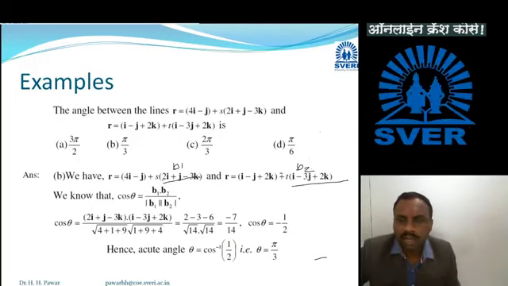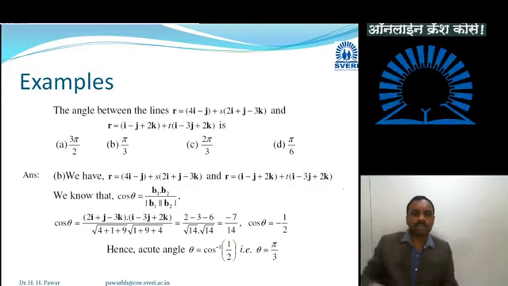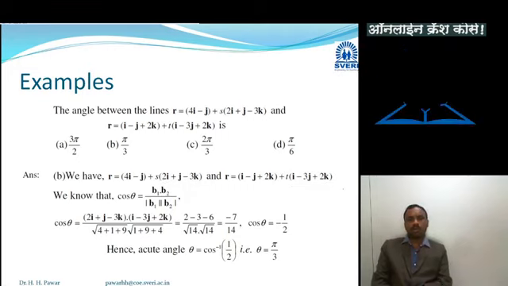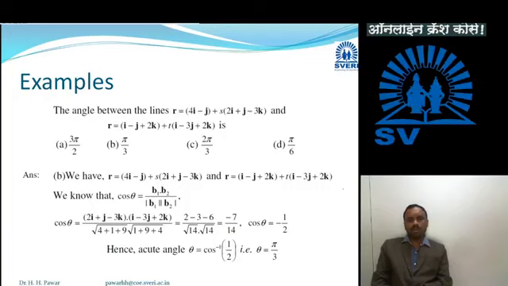So here, as we know that cos theta is equal to b1 dot b2 divided by modulus of b1 modulus of b2. Put the values of b1 and b2 in this case.